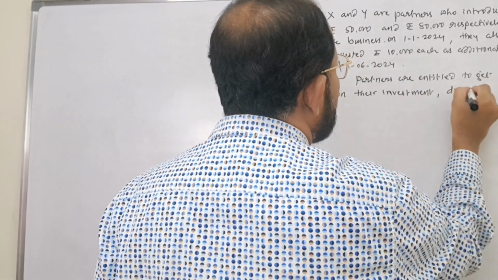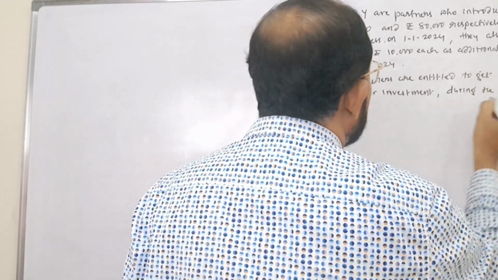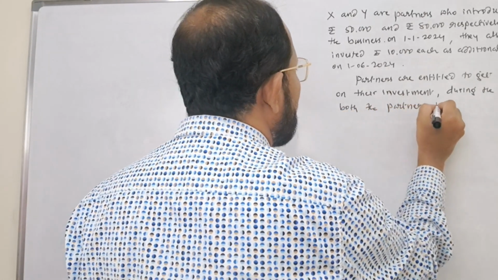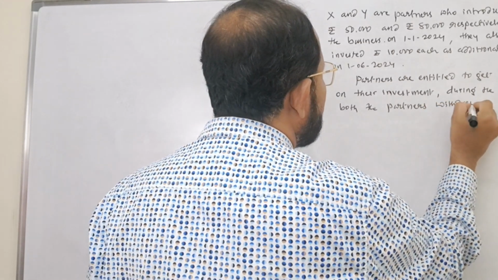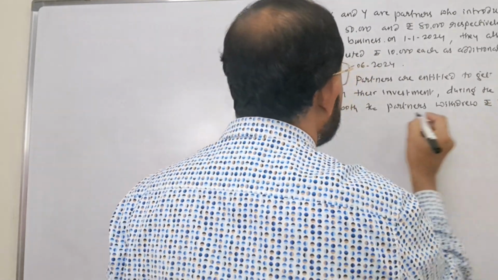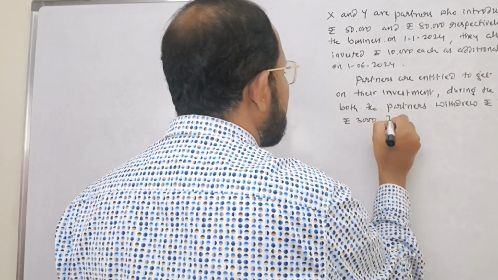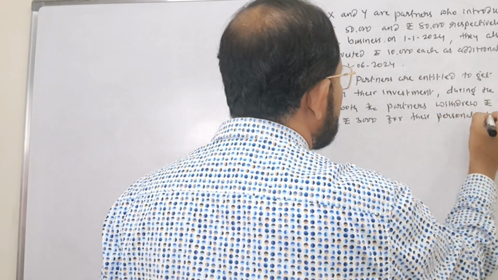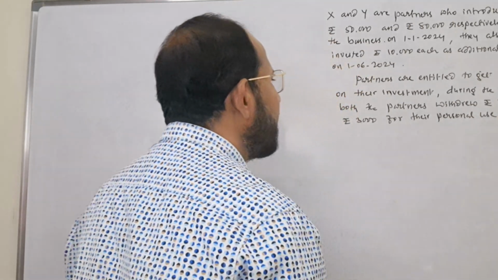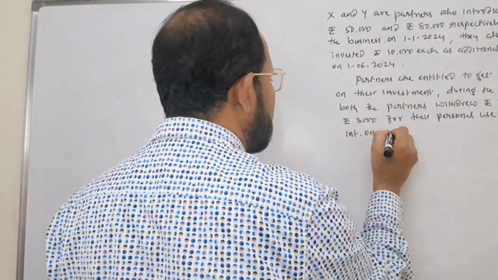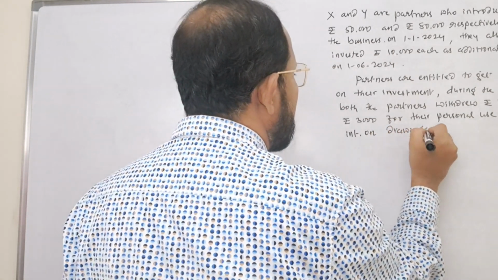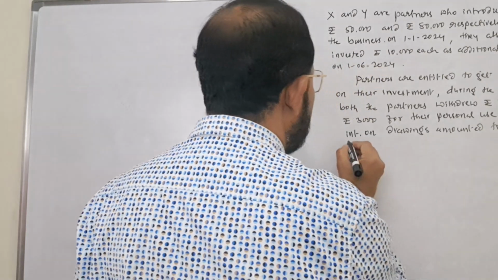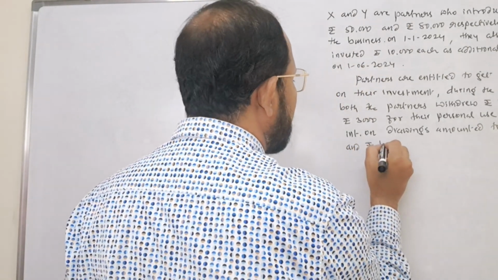During the year, both the partners withdrew rupees 2000 and rupees 3000 for their personal use, and interest on drawings amounted to rupees 300 and rupees 400.